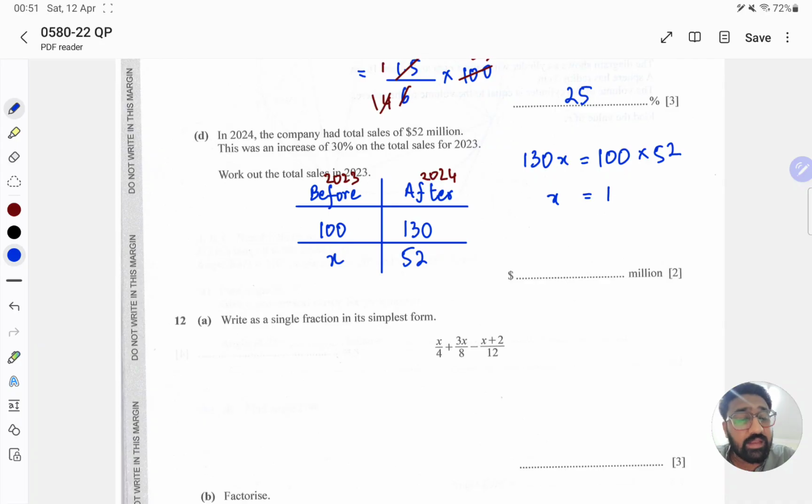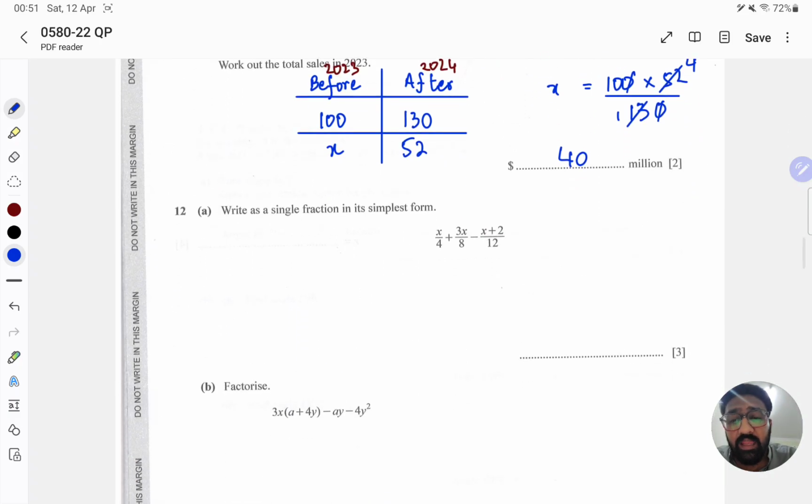The value of X is 100 multiplied by 52 divided by 130. Zeros will cancel out. 13 times 1, 13 times 2 is 26 and 13 times 4 is 52. So 4 times 10 is 40. So the sale in 2023 was $40 million.